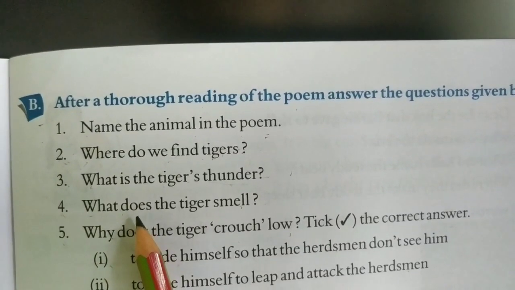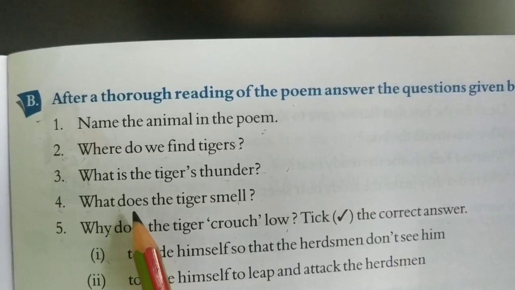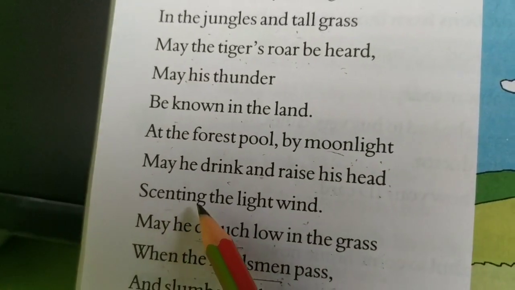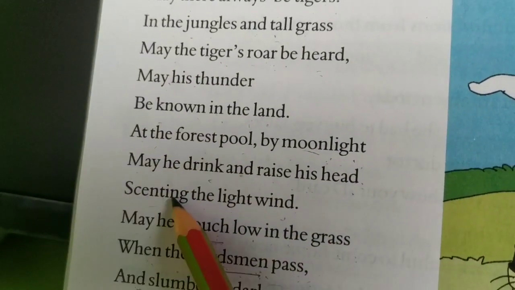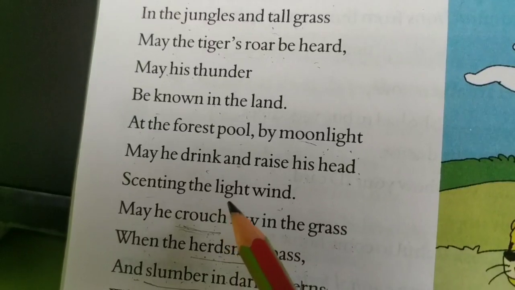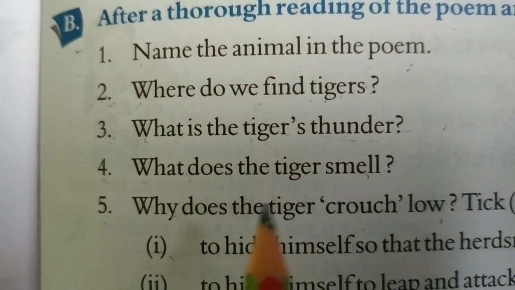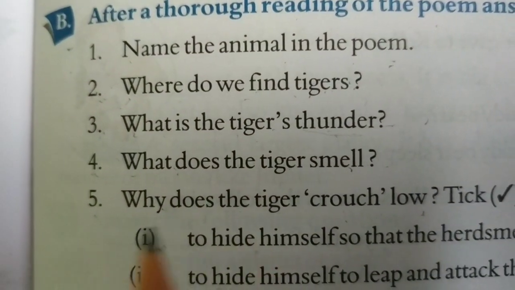What does the tiger smell? Remember, let us see in the comprehension, it is written here, scenting the light wind. Scenting means what? To get the smell of the wind, right? So here, the tiger smells the light wind.